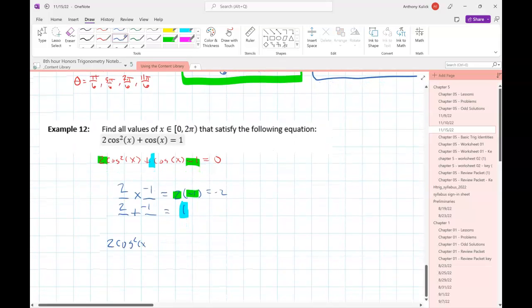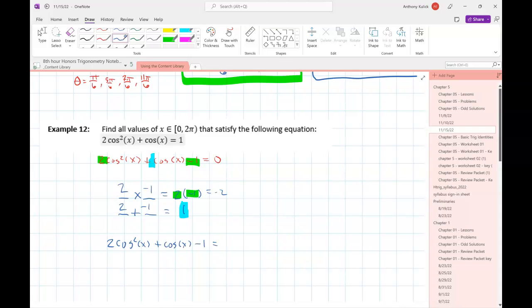What does that help us do? Yeah, we're going to use those to rewrite the middle term as 2 cosine x plus -1 cosine x.